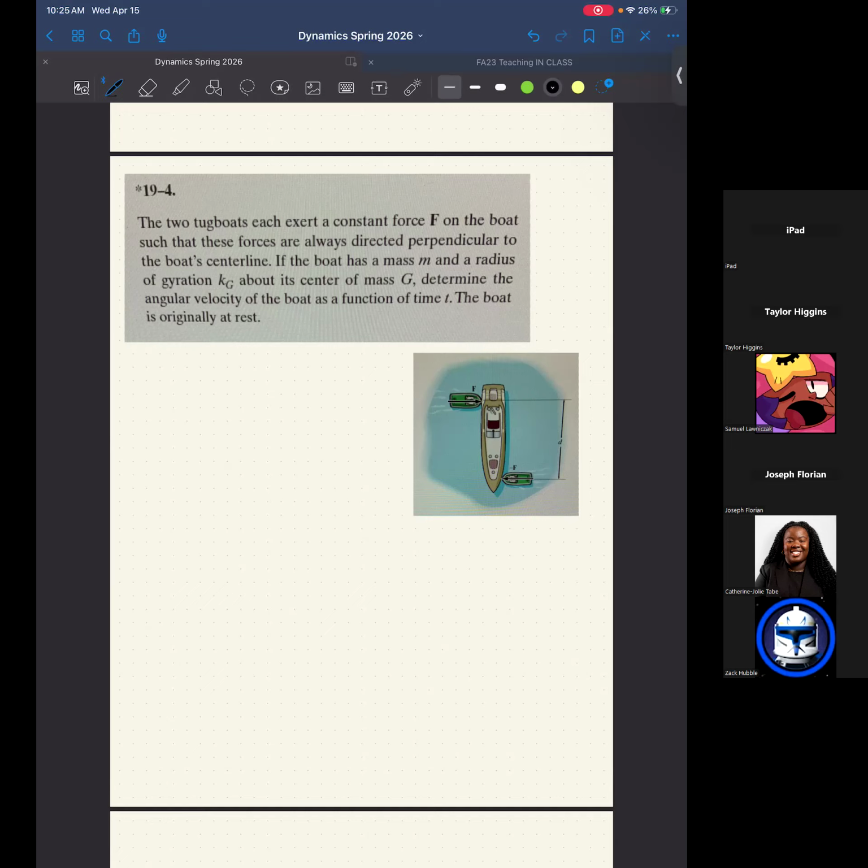If the boat has a mass M and a radius of gyration kg about its center of mass G, let's keep in mind kg equals square root of I g over m. Determine the angular velocity of the boat as a function of time. The boat is originally at rest.